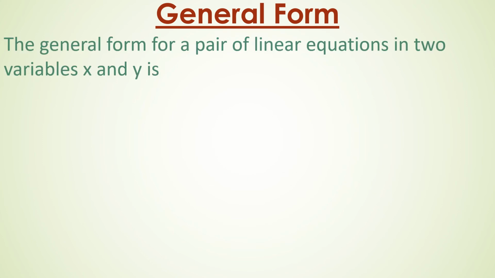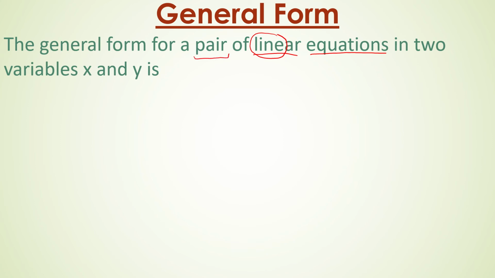So let us see in the introductory part the basic form or the standard form of linear equations in two variables. Here we know that linear equations are basically those equations which represent a line, and here we are studying about pair of linear equations.